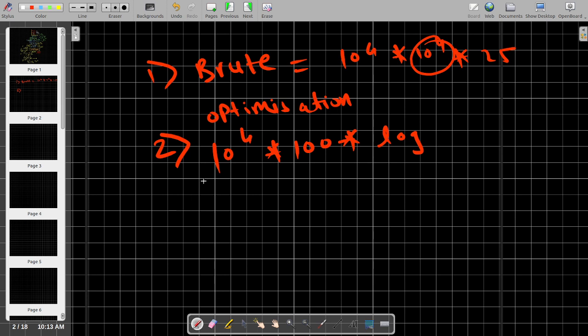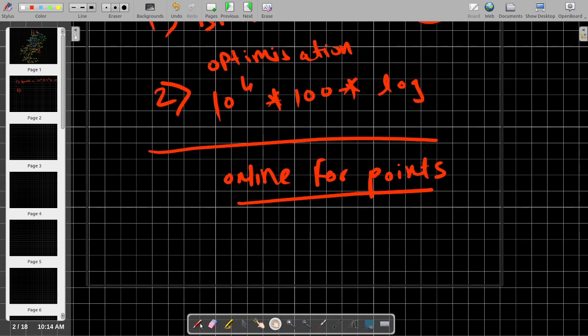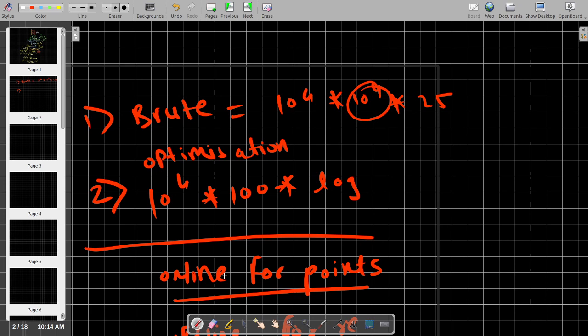But also this is the online method, I guess. No, sorry, not online, but online for points, and offline for rectangle coordinates, like we should know the rectangle coordinates because we are sorting it already. And also I should add the sorting complexity for each.